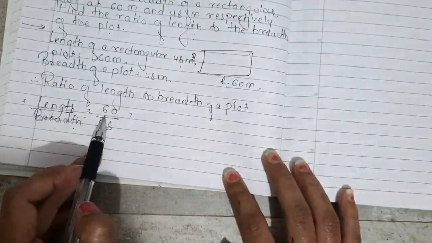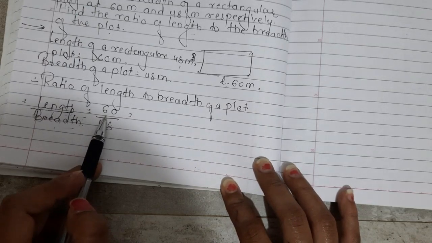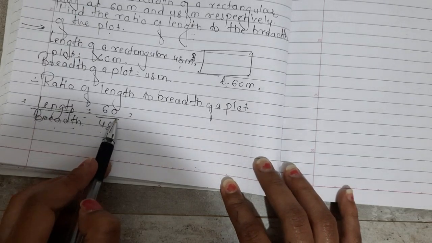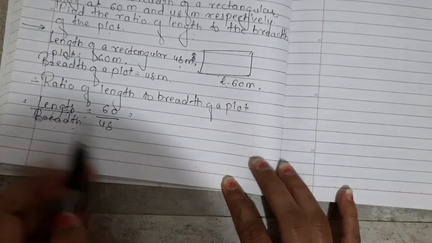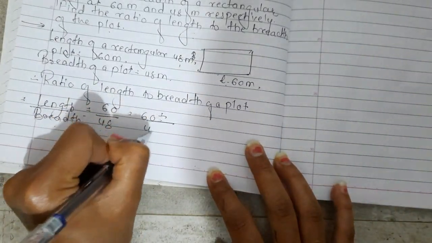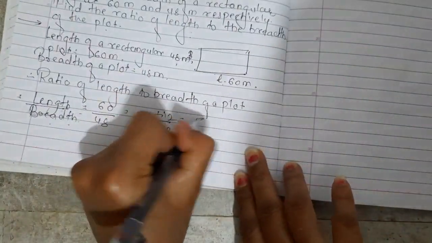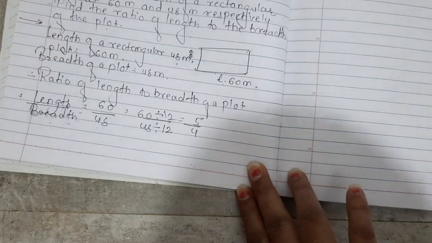Now whether both these numbers are divisible by a single number? Yes. 12 5s are 60, 12 4s are 48. So you have to divide both 60 and 48 by number 12. 5 upon 4.